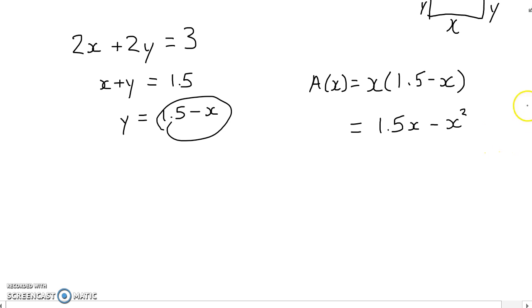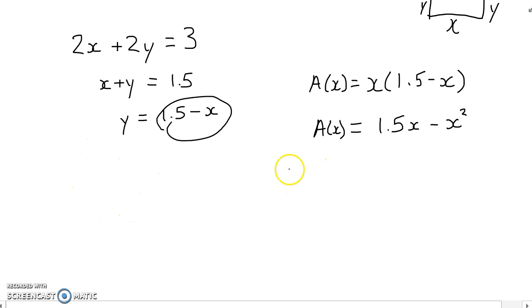So now that we have our area equation, we can take the derivative of it to find the maximum and minimums. And in this case, we will be looking for the maximum, where the area will be maximized.